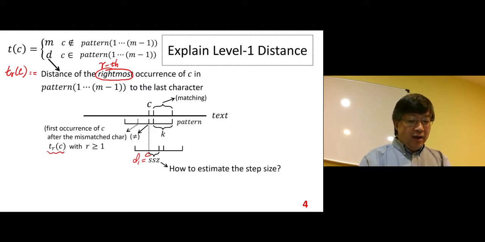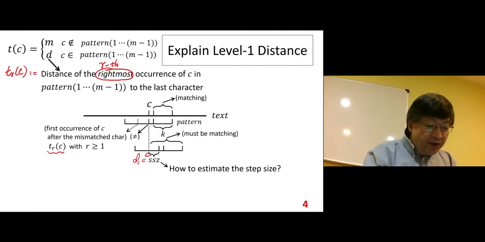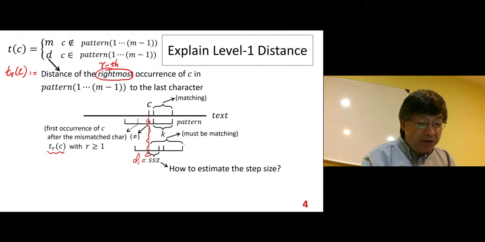But how do we estimate this step size? Let me draw a diagram here. Although this part is matched, this part must be matching, but don't worry. When we shift in this way, we start the comparison from the first character at this place, so we will go through this part another time.